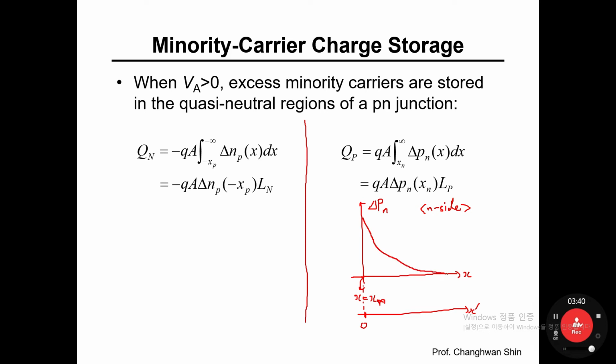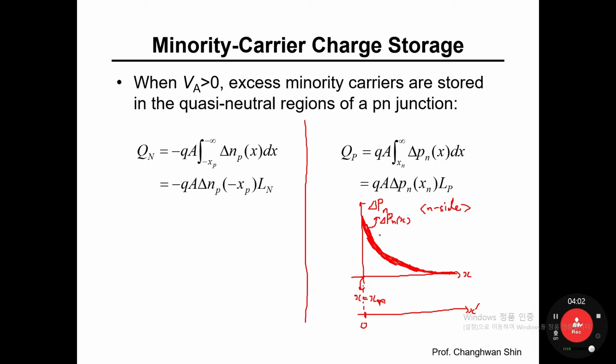If I draw the excess hole concentration in the n side, it should follow an exponential function, like that. This indicates delta p_n as a function of x.